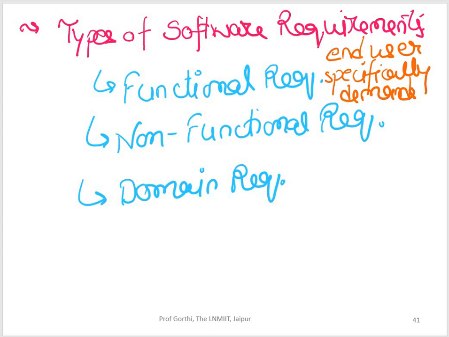These are represented or stated in the form of input to be given to the system, the operation performed, and the output which we get out of it, the expected output. And these requirements are basically stated by the user, which one can see directly in the final product, unlike non-functional requirements.